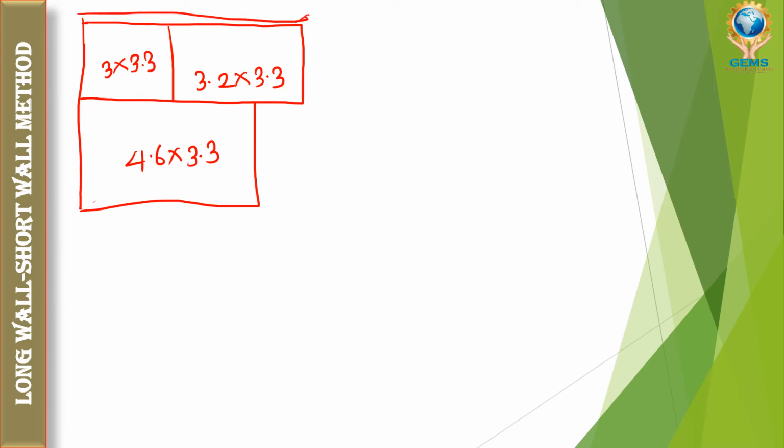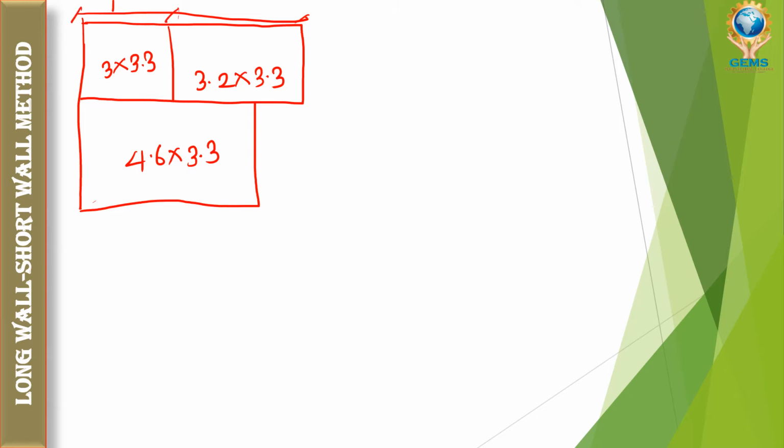Here the kitchen room dimension is 3 by 3.3 meter, then the bedroom size is 3.2 by 3.3, and the third, the living room size, is 4.6 by 3.3. We have to split everything, so we have to calculate the values separately.